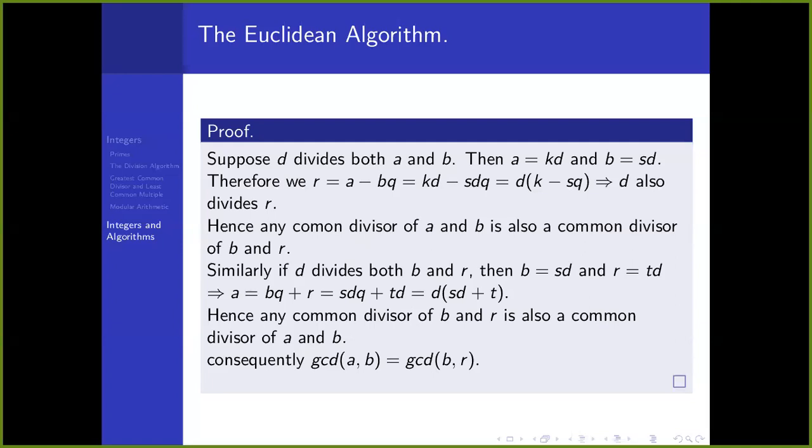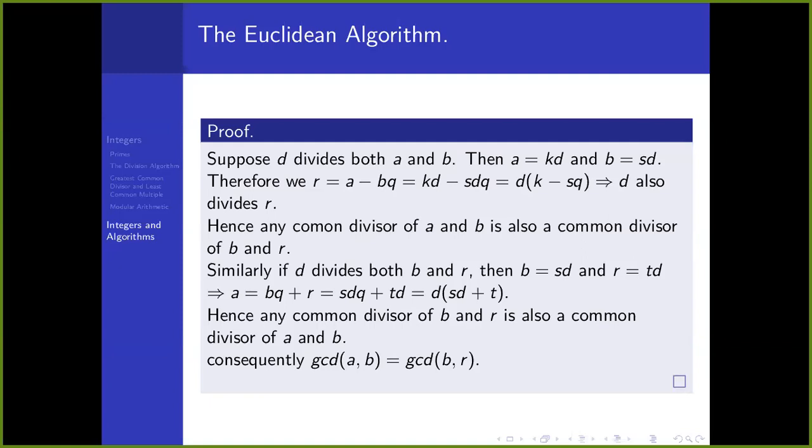This simplifies to D in brackets SQ plus T. So again, we have found a common divisor of B and R, and we have shown that that common divisor of B and R is also a divisor of A. And therefore, any common divisor of B and R must also be a common divisor of A and B.